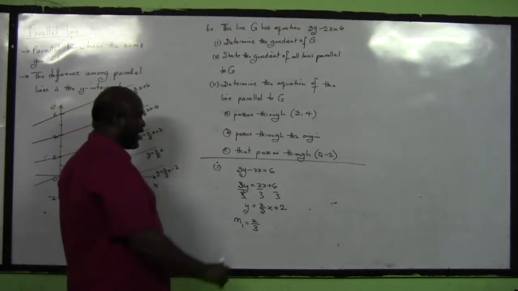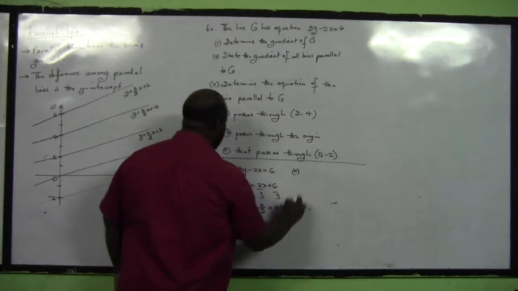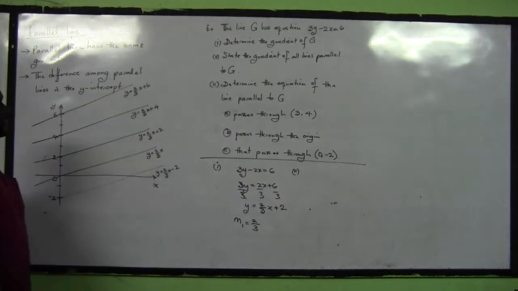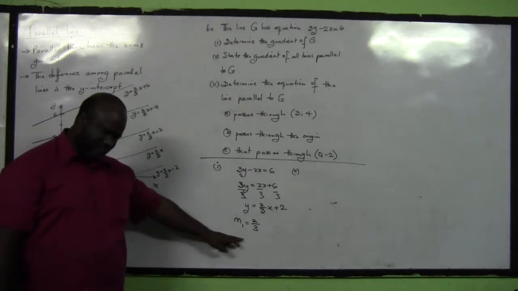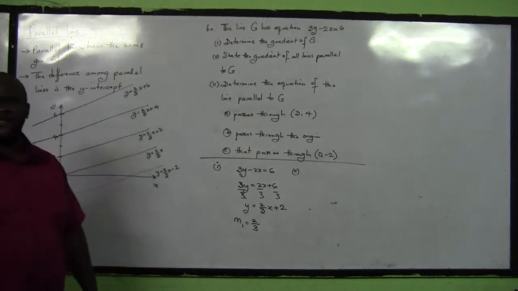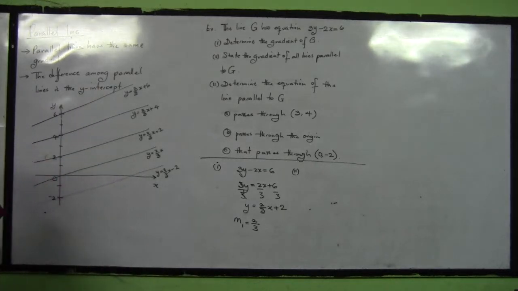So it says, state the gradient of all lines parallel to G. What is the gradient of G? 2/3. What would be the gradient of all lines parallel to G? 2/3. Parallel lines have the same gradient.